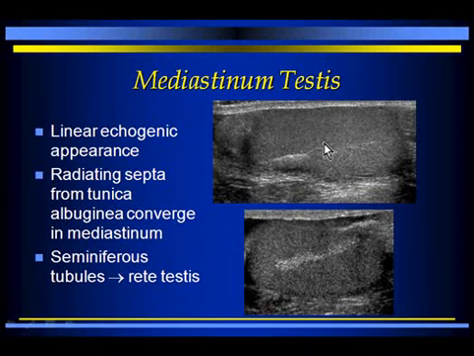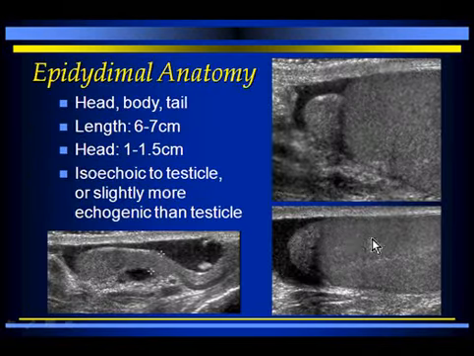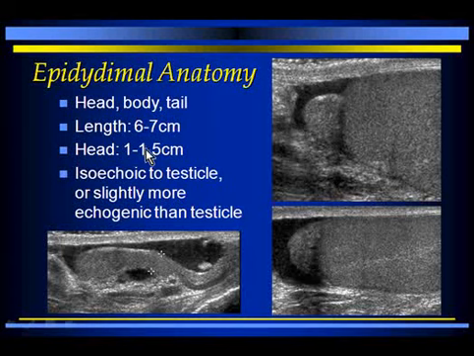And that linear appearance results from the convergence of these ducts into a sort of a plane in the testis, and these efferent ductules then come out of that mediastinum testis and go into the epididymis. Now the epididymis has anatomy which is generally described as a head, a body, and a tail.